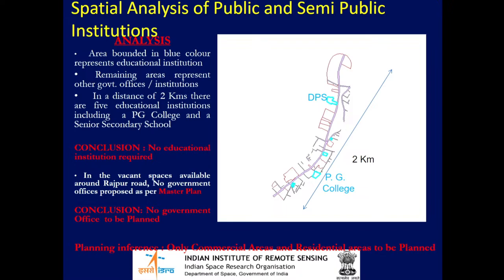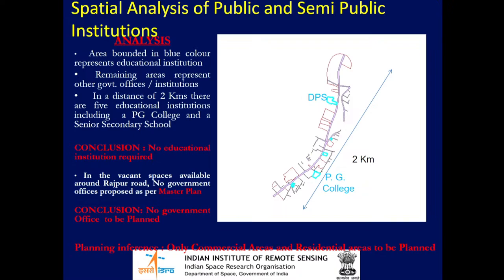We can see that in those areas there is not much commercial, especially educational institutes were not planned for the future, and there is also no future development of any government areas and zones like that. So whatever piece of land is left will have some kind of commercial or residential use.